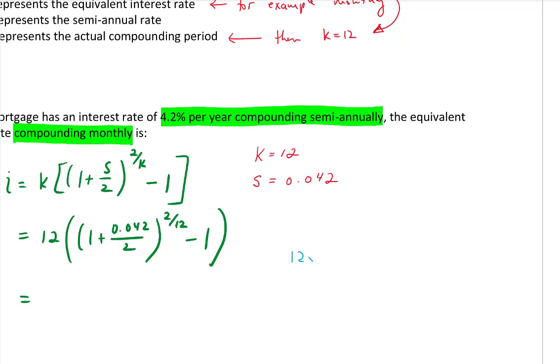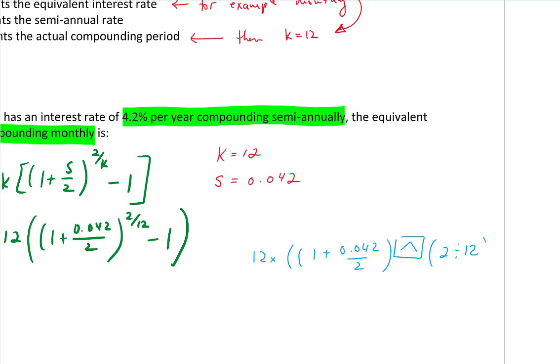So you do 12 times bracket, 1 plus 0.042 divided by 2. Close the bracket, use your exponent key, then set another set of brackets and do 2 divided by 12. Close that bracket, hit minus 1, and close the final bracket, then hit your equal sign.